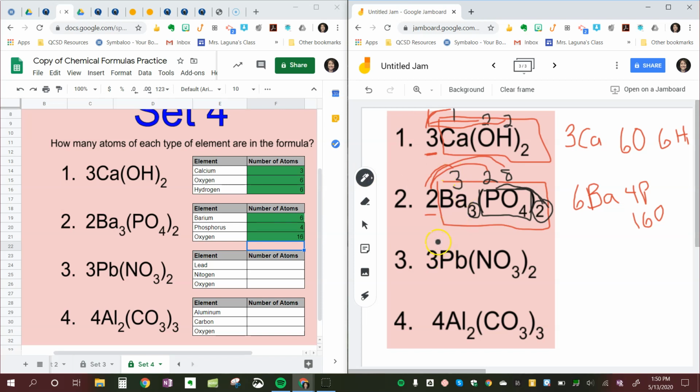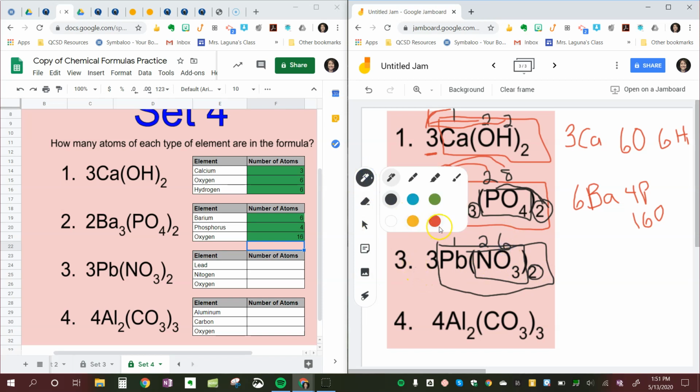I'm going to box the molecule first. This is our molecule. And figure out what I have in this molecule. There's 1 lead. Nitrogen's in the parentheses, which is affected by the 2. So that's 2 nitrogen, and 2 times 3, 6 oxygen.